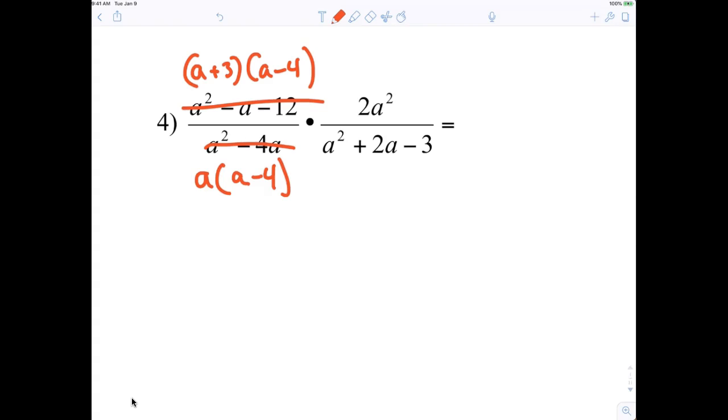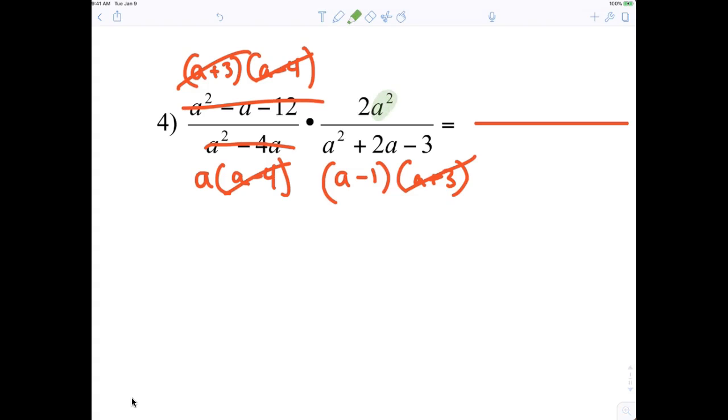All right, next. And then you leave the top, the 1 and 9. Good. And then A plus 3 cancels out, and A minus 4. And 2 A squared over A. So what happens to the a squared?